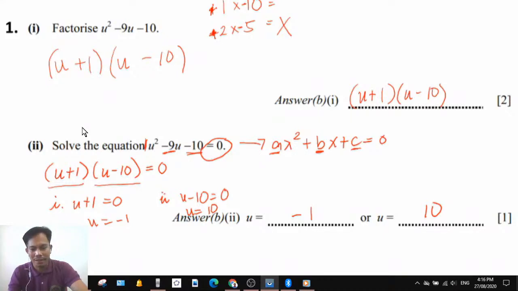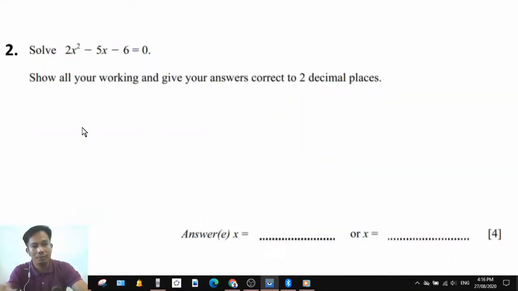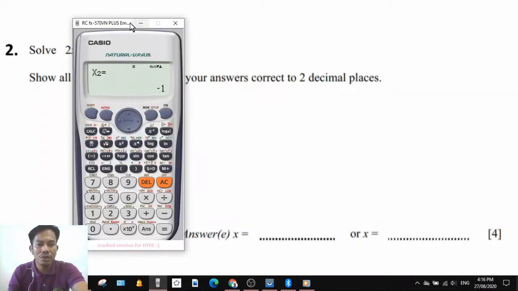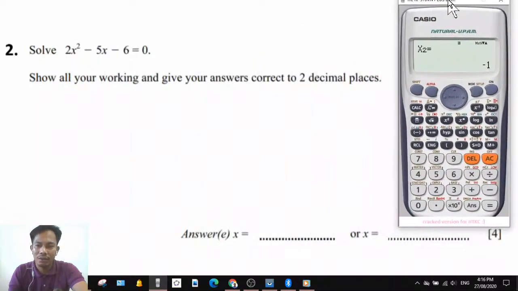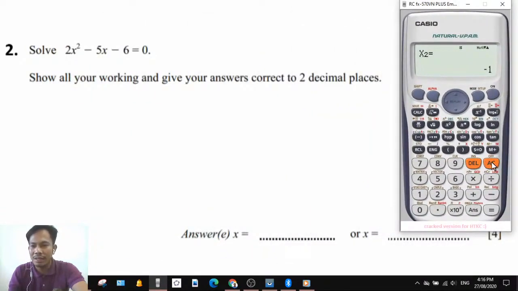Okay, next let's move on to number 2. Solve 2x squared minus 5x minus 6. How do I solve this? If you are going to use your calculator to solve this one, you will see that the answers are not exact.